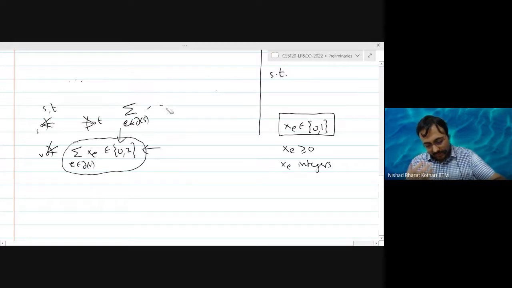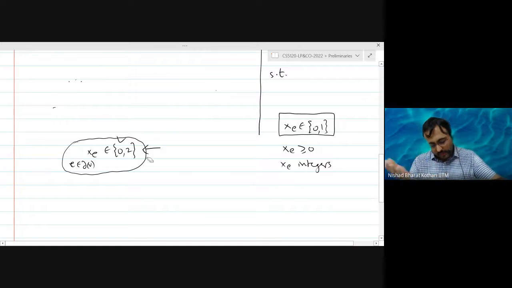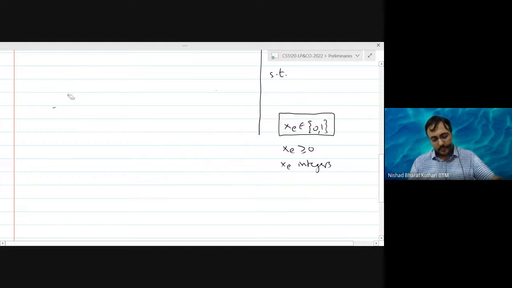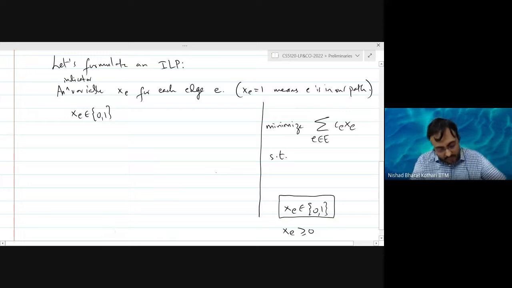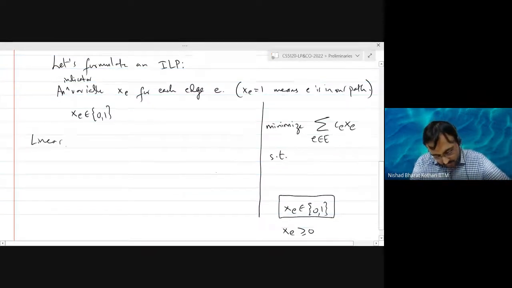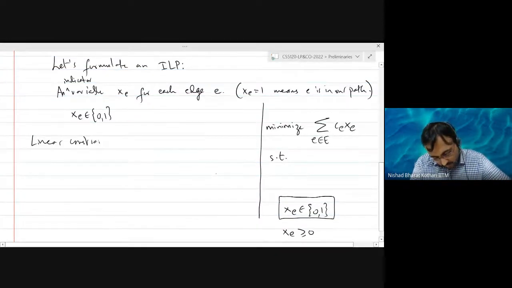In fact, it's an exact translation from graph theory to this vector way of looking at it. So what should our constraints be? Basically we want linear constraints on the variables.